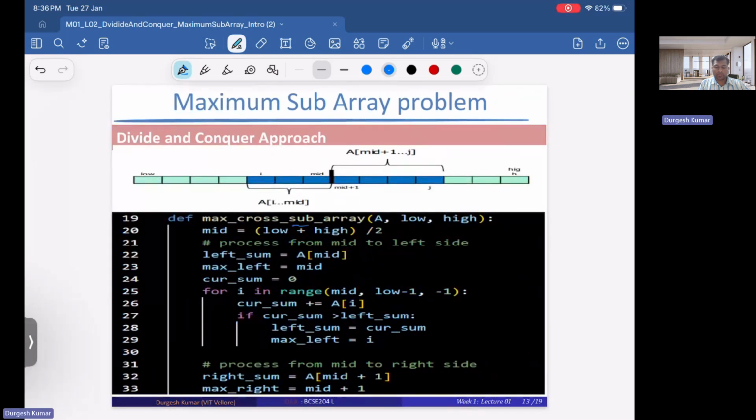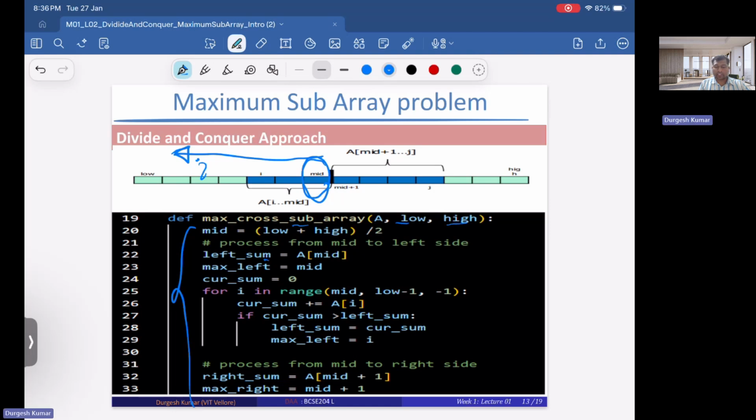Next, we have the maximum crossing subarray. This logic will be divided into two parts. First, we have to include this mid. We have to try to extend the sum as much as possible in the left direction and mark the boundary using i.